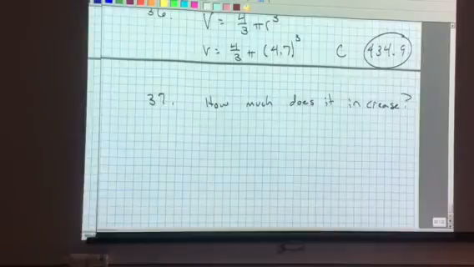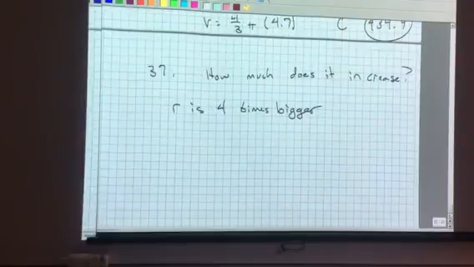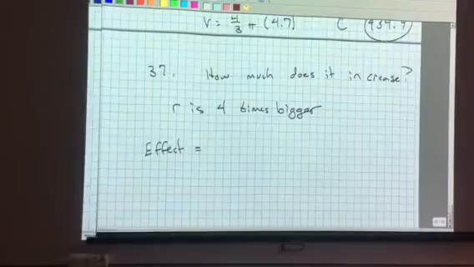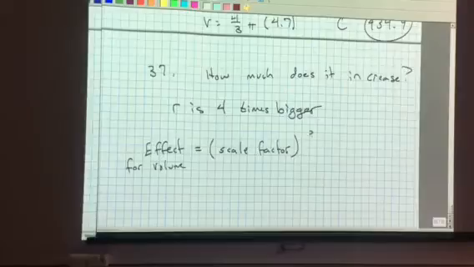So, if the circumference is 4 times larger, that means our radius is 4 times bigger. And so the effect for volume equals how much bigger you're making it, or your scale factor, raised to the 3rd power.